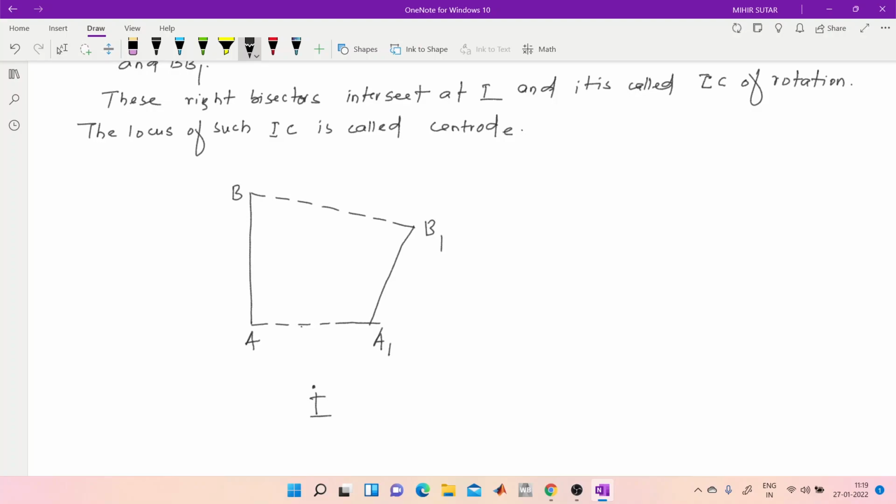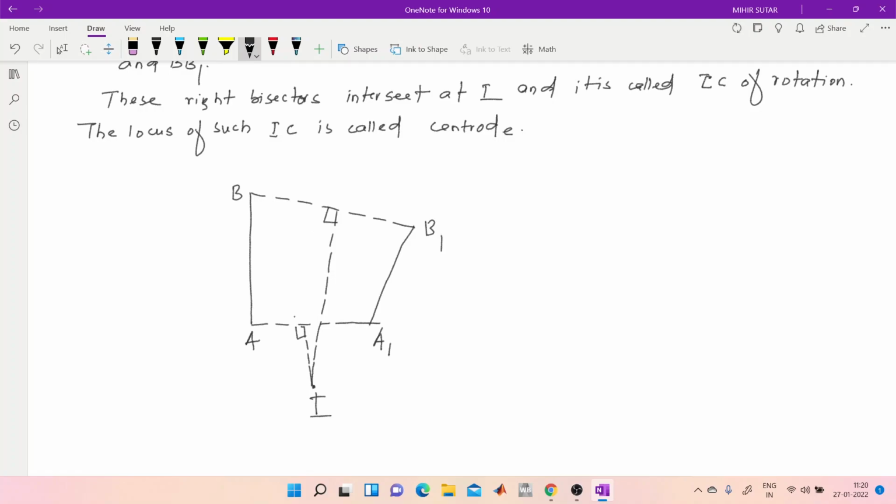Now the bisectors, if I join them, this is one and this is another bisector, which are perpendicular to this and to this.